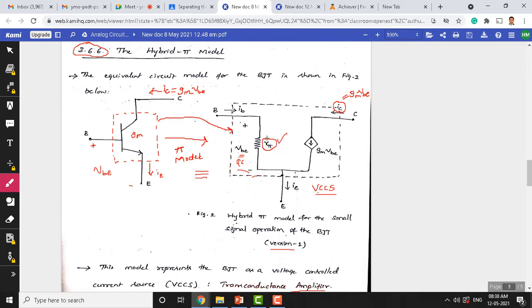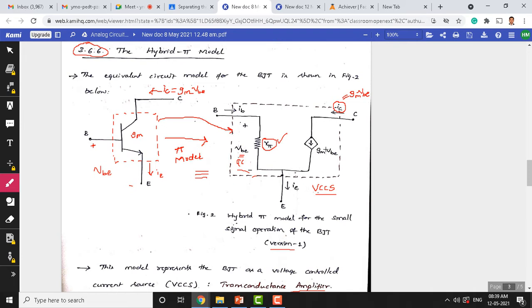One is r pi, the resistance measured between base and emitter, looking into the base terminal of the transistor, and there is a dependent current source whose magnitude is gm times Vbe, flowing from collector to the emitter.